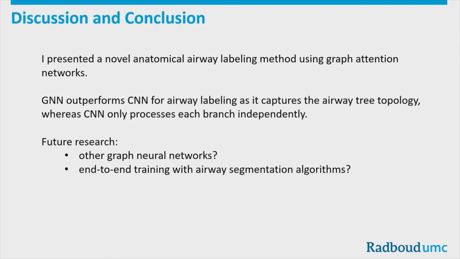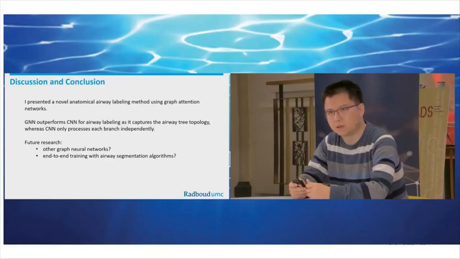We conclude that today I showed a novel anatomical airway labeling method using graph attention networks, and our method outperforms the traditional convolutional network approach in airway labeling, because it captures local airway tree structural relationships, whereas the CNN only processes each branch independently.